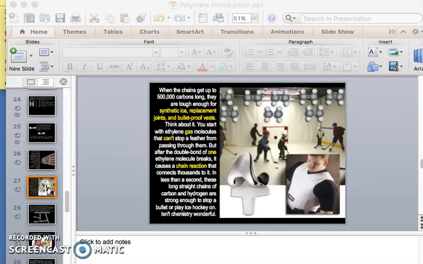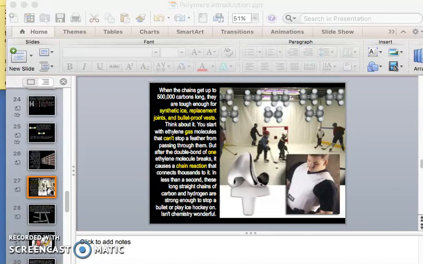So like this says, when the chains are 500,000 carbons long, when the chain gets really long, then we are talking about things like bulletproof vests. We use it because they can withstand the impulses that you get from bullets. Joints. You put plastic joints when your natural joints wear off, and that's again high density polyethylene.